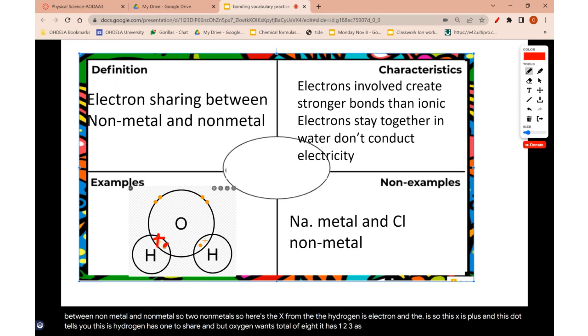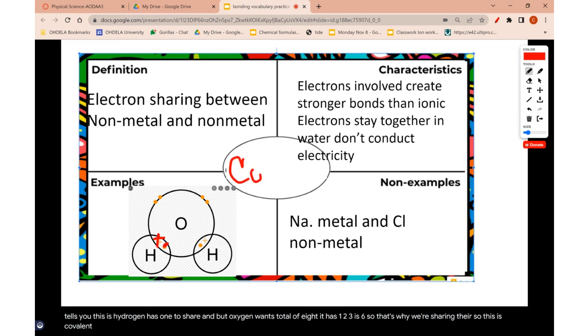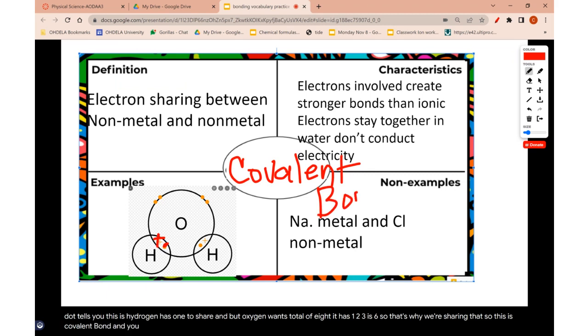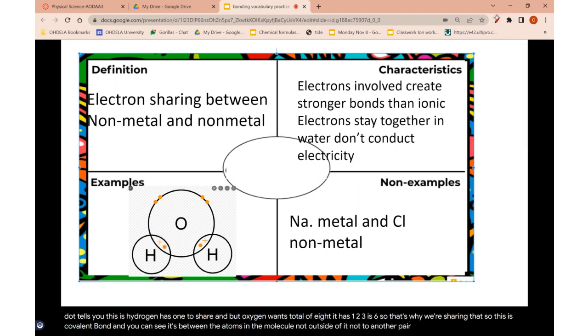It has 1, 2, 3, it has 6. So that's why we're sharing there. So this is covalent. It's a covalent bond. And you can see it's between the atoms in the molecule, not outside of it, not to another pair.